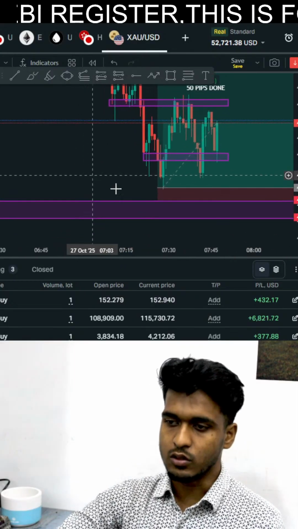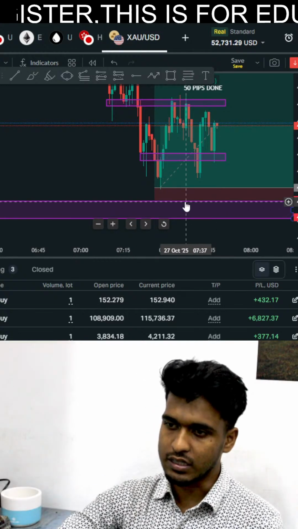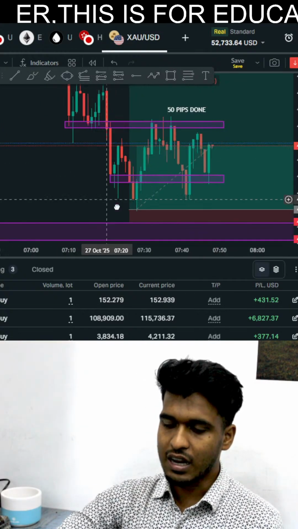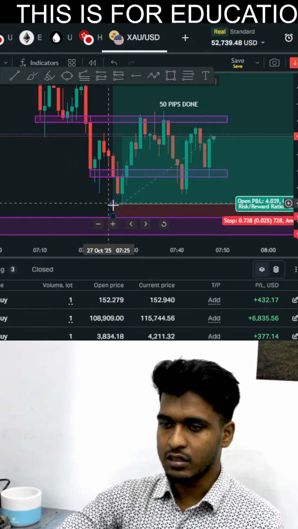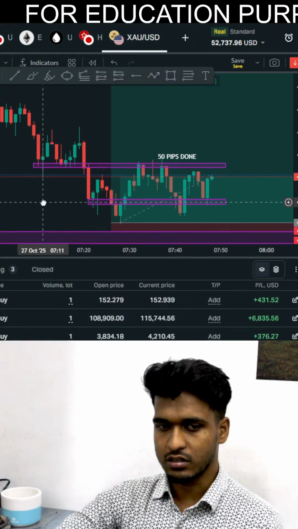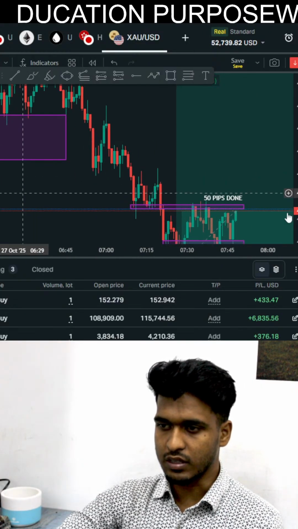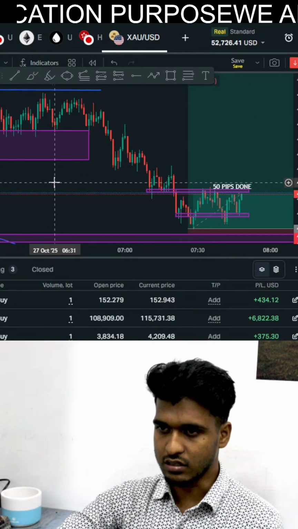So if you tap 65.2 or 65 something, then you can enter a trade. Until then, you will get a little bit of a sideways move, a little bit of range. Otherwise, you won't get any move, it will just keep going like this.